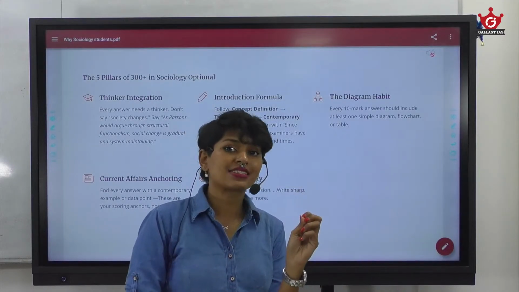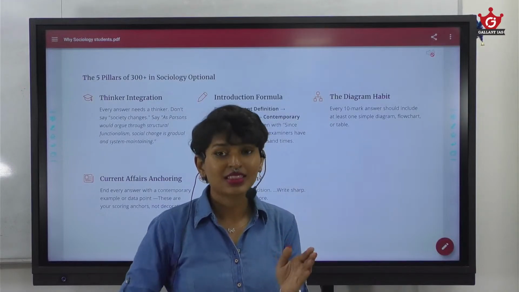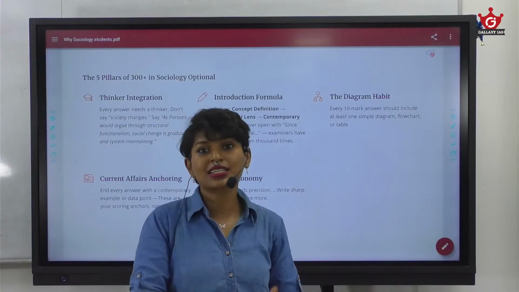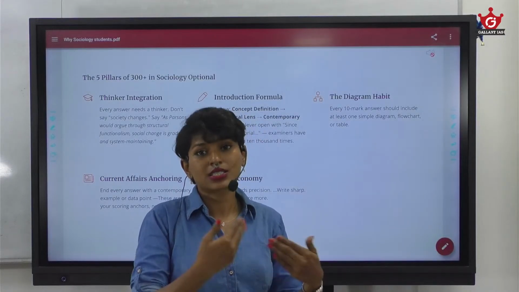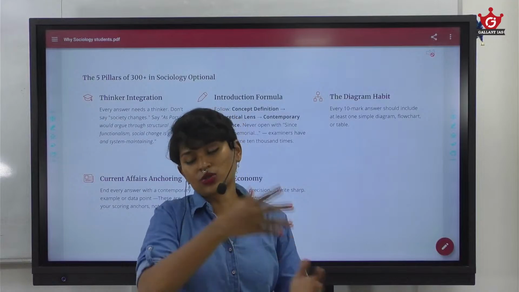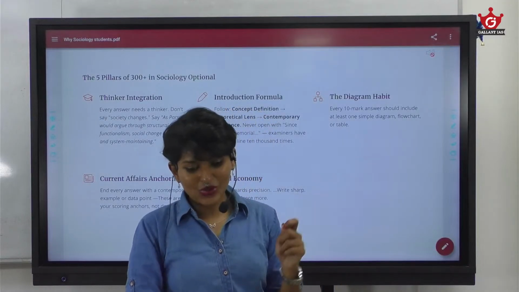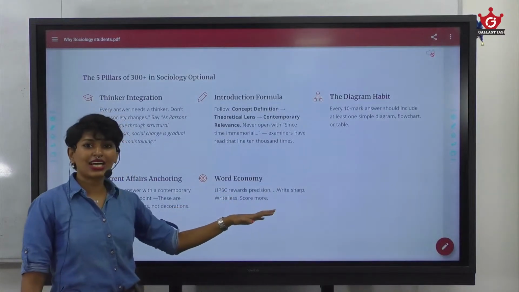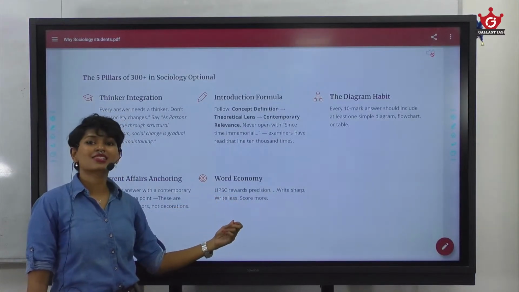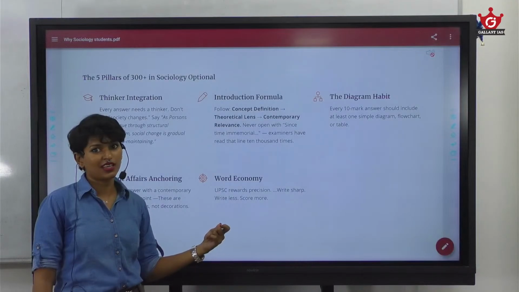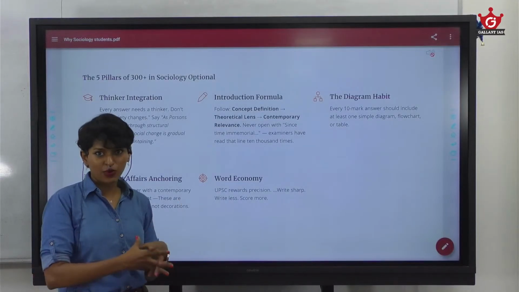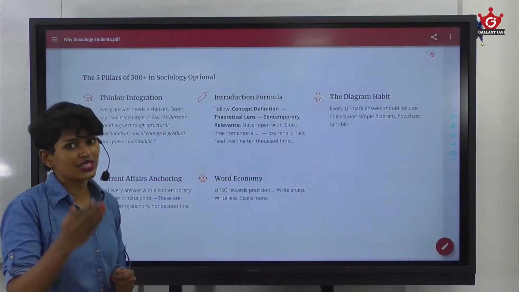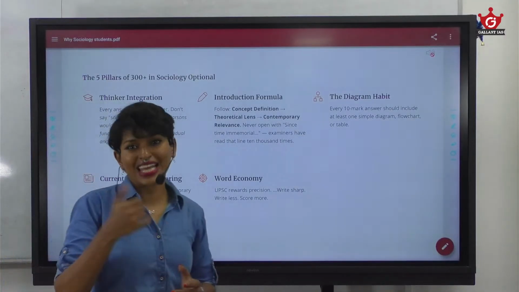That answer can fetch more than a 400-word answer that keeps repeating the same concepts or definitions in one way or another. That's why I've given here: write sharp, write less, score more. Write the relevant points in the required manner. That fetches you the score you are aiming for.